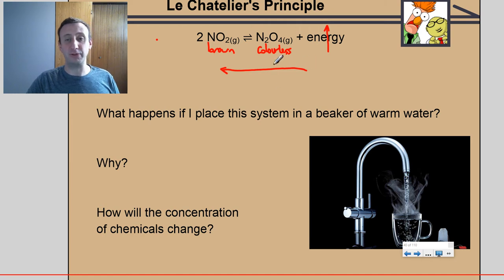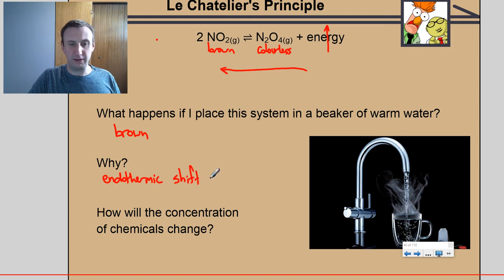So if I go to the left, I'm using up energy because it's endothermic. For the reverse reaction, energy is a reactant, so I'm using it up. So what happens if I place a system in a beaker of warm water? It's going to get more brown. And the reason why is it's doing the endothermic direction. So endothermic shift to use up the added energy.